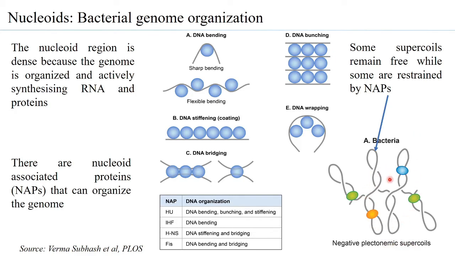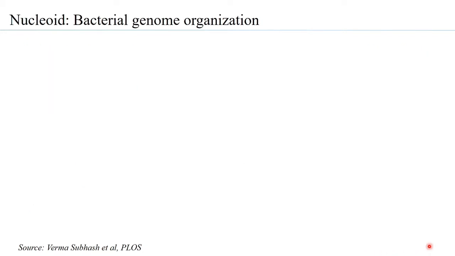If the coiling is towards the left, then it is called negative supercoiling. So in most prokaryotes, you will find that the supercoils exist in the negative plectonemic form. Plectonemic stands for this interwound DNA. So most of the DNA is present as negative plectonemic supercoils.